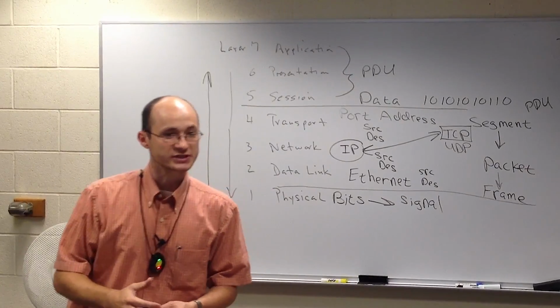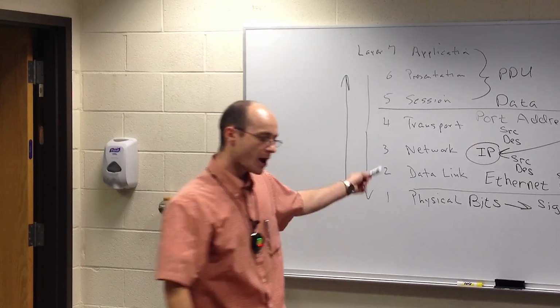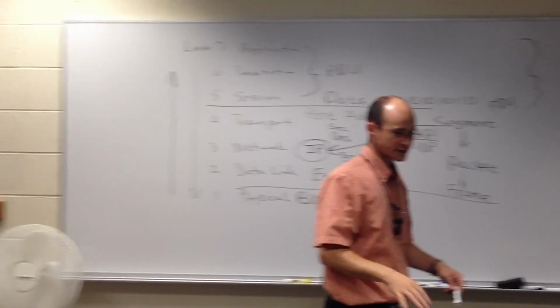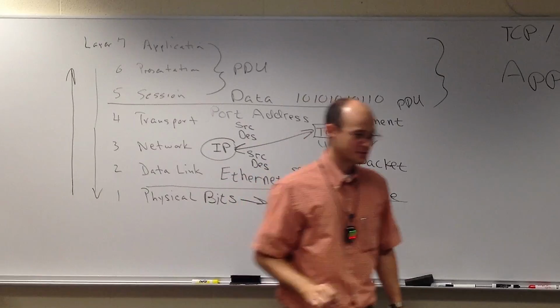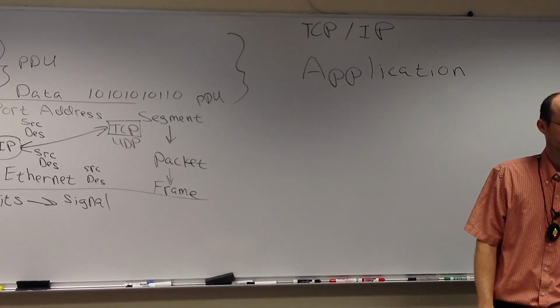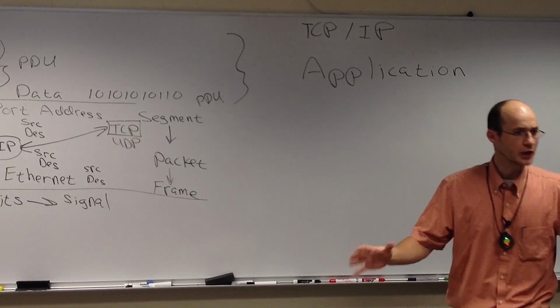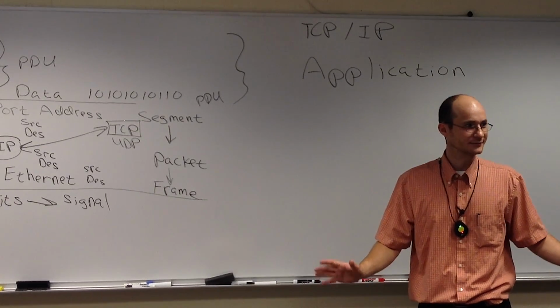So I just grouped the first three. In fact, when we looked at layers 7, 6, and 5, didn't I say that's all software stuff? The OSI model is a little bit more thorough and said, you know what? I don't want a cryptographer writing the user interface for my web browser. And thank God for that, because if the cryptographer did do that, they would hide the OK button. It's a secret.